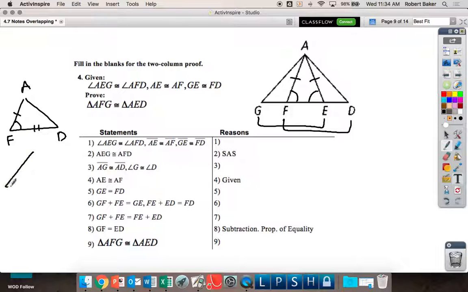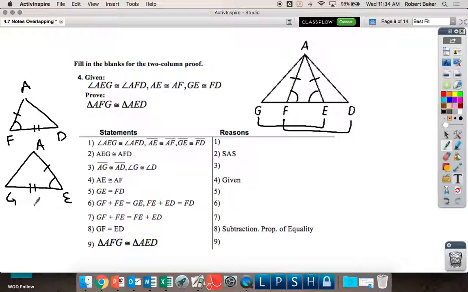The other triangle looks like this: AEG. It says angle AEG is the same as this angle, AE is the same as AF, and FD is the same as GE.